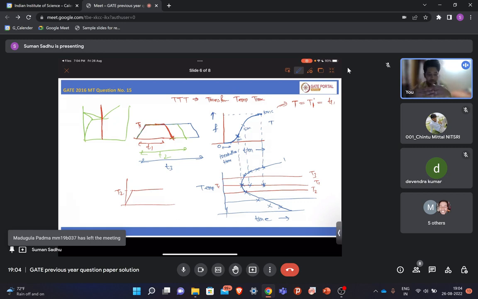Nucleation depends on the driving force, that is how much undercooling you are giving, but growth depends on the temperature. If you give a much higher undercooling, then your nucleation rate will be higher, but your growth will be less, because you are holding at lower temperature. And again if you are at higher temperature, then your nucleation rate will be less, but your growth will be higher. So there are two opposing effects, right?